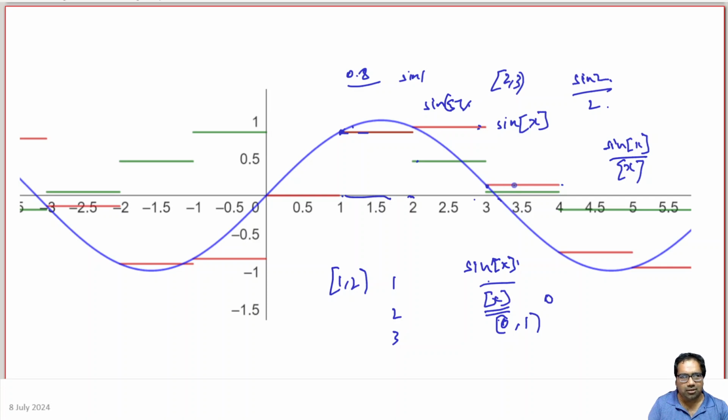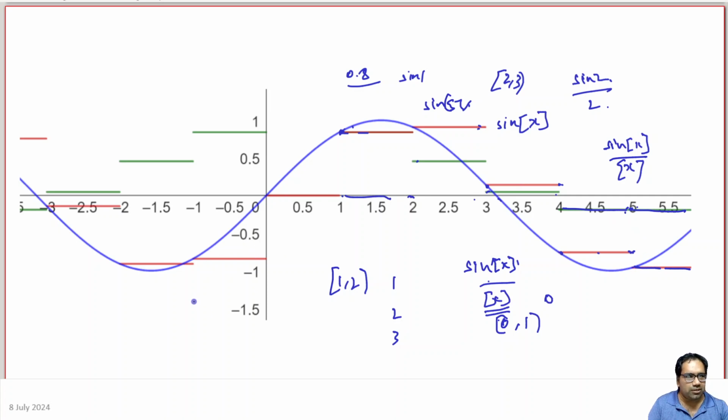Now this by 3, that is this one. Similarly, sine 4 is this point, so between 4 and 5 that is this line. This by 4 is this green line between 4 and 5. Similarly, sine 5 by 5 is again this green line.